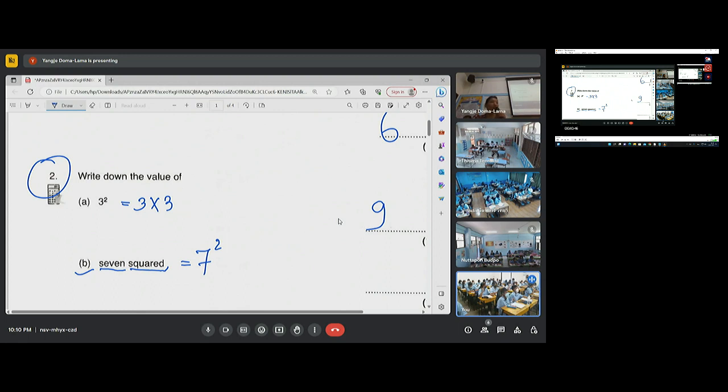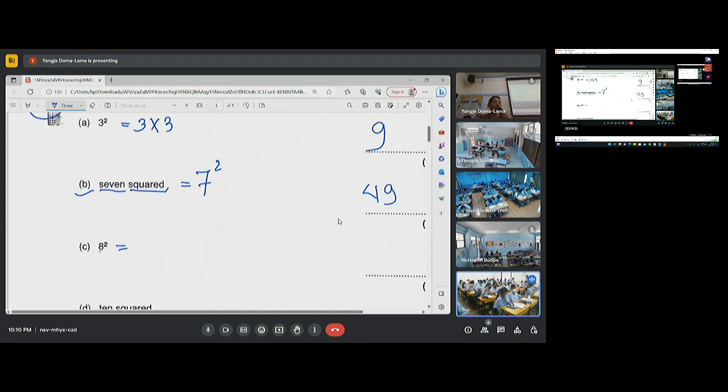Okay? Which is how much? 49. Understand? So look at here how you read the square number. 7 square. Don't say 7 power 2, okay?